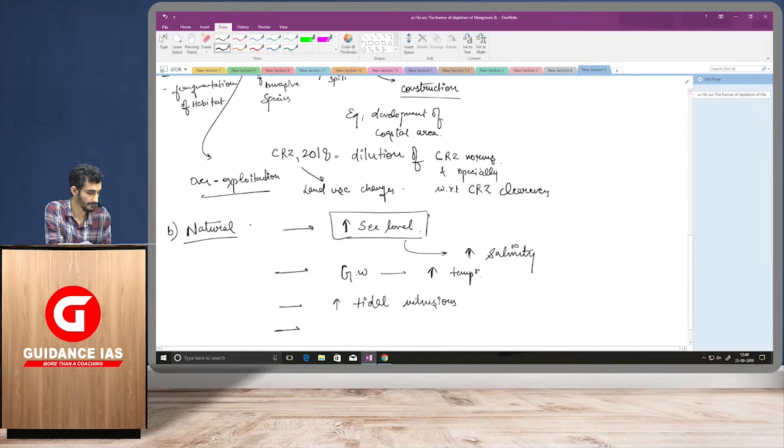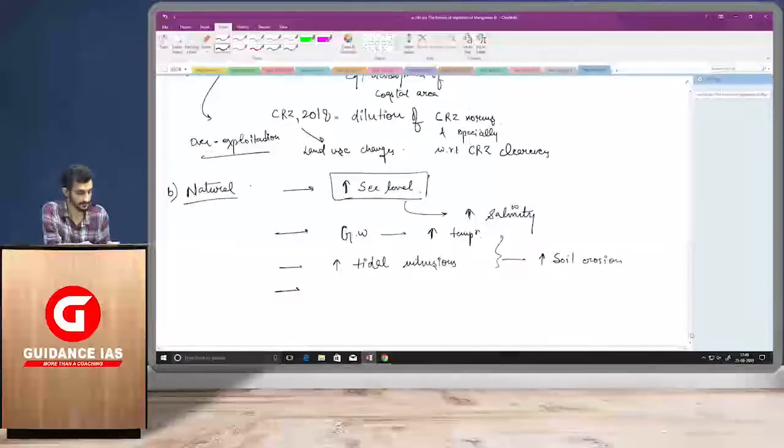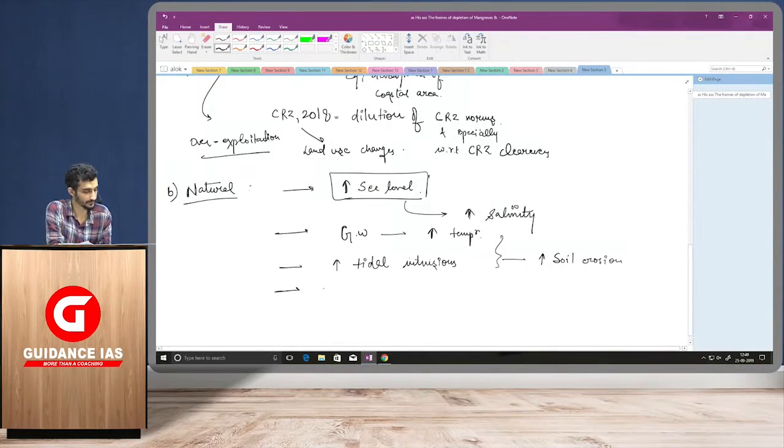then this will lead to more soil erosion. Due to climate change, there might also be more incidence of harmful pathogens.